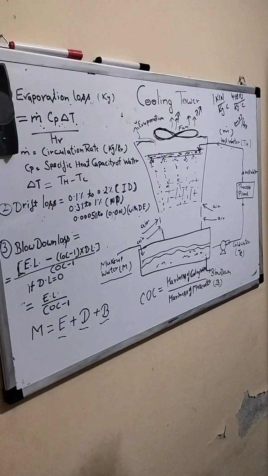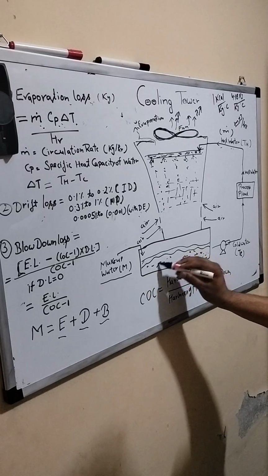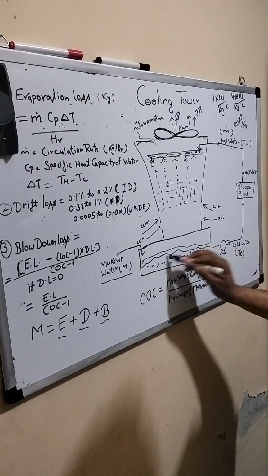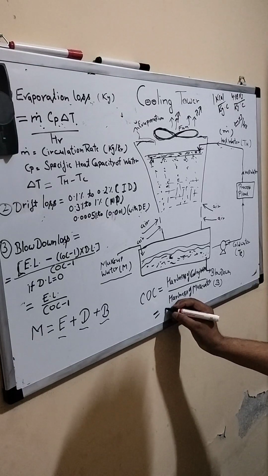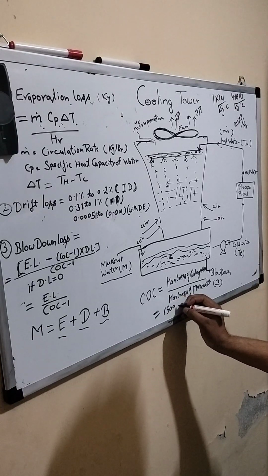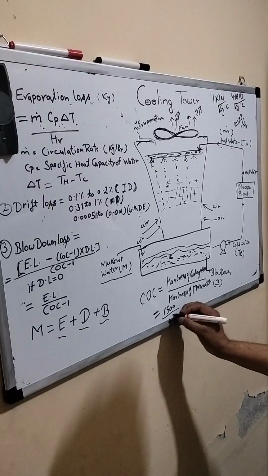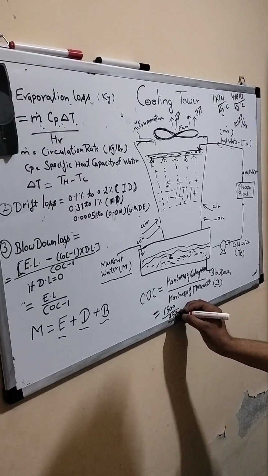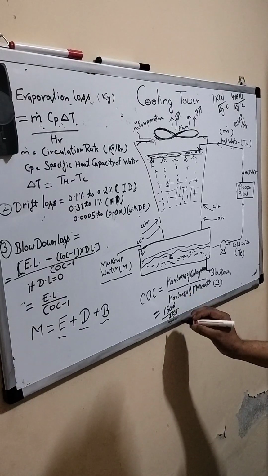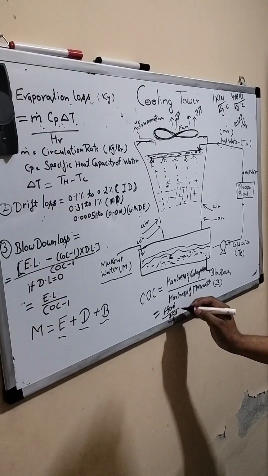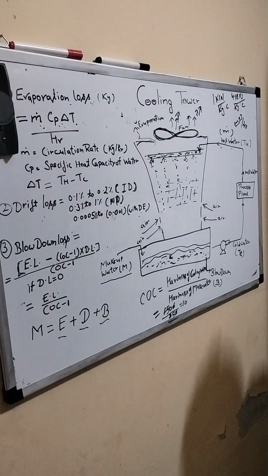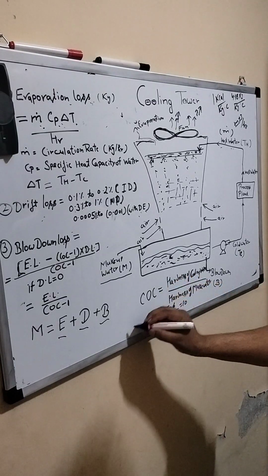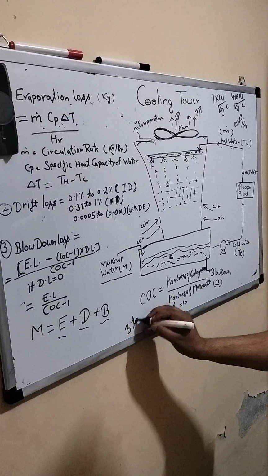Suppose your cooling water hardness is 1500 ppm and your makeup water is 150 ppm. It is just an example. So your value will come to 10. COC is 10. But generally in a process industry, the COC value lies between 3 to 7.